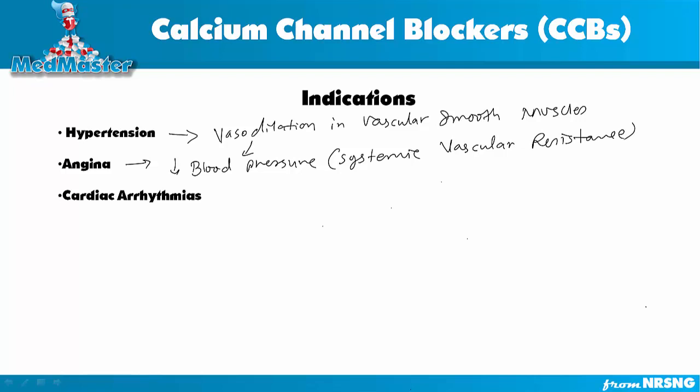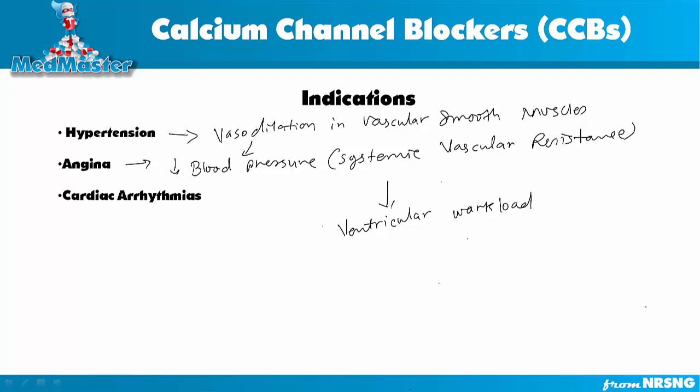When there is a decrease in systemic vascular resistance, the ventricles can easily pump the blood out of the heart because they don't have to overcome high blood pressure. The blood pressure is low, so it can pump blood really easily into those dilated vessels. So it decreases the ventricular workload by decreasing the blood pressure.